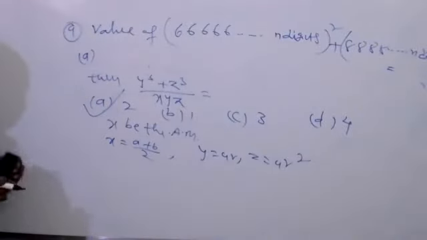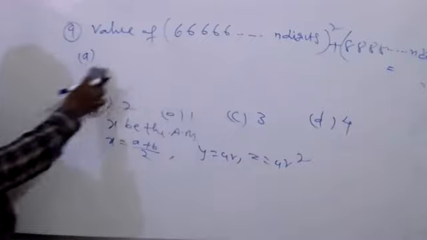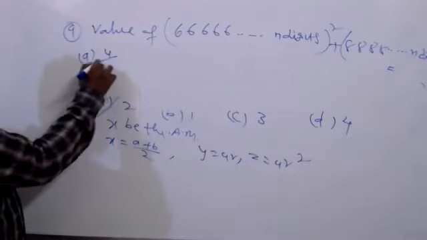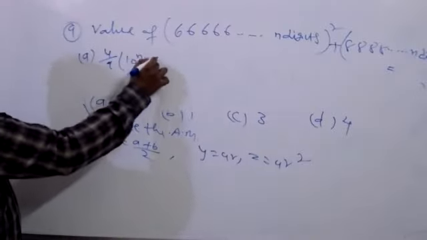Option A: 4/9 into 10 to the power of n minus 1.